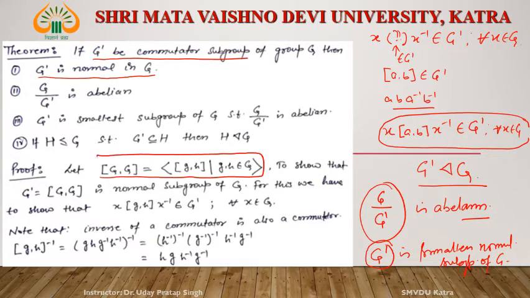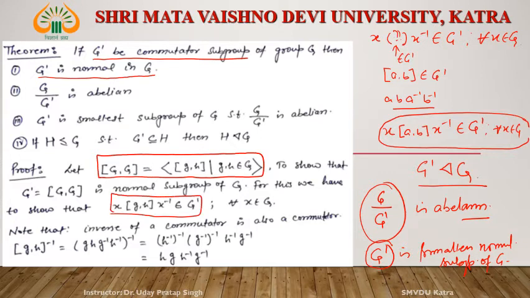This is the commutator subgroup and it is generated by commutators, and a commutator is of the form [g, h] where g and h belong to G.